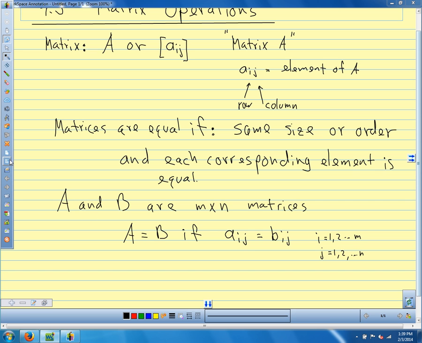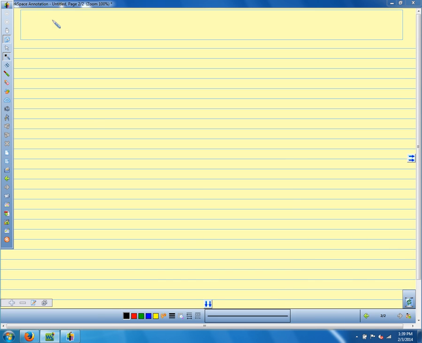Now we want to talk about adding matrices. When we add matrices, they have to be the same size or same order. It's the only time addition makes sense.